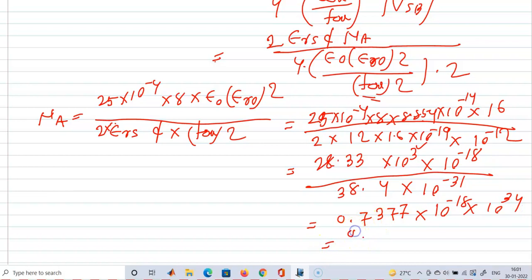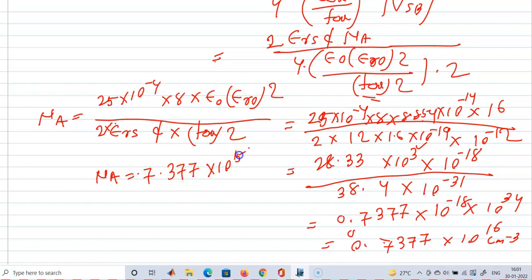So you get 0.7377 into 10 to the power 16 centimeter to the power minus 3. So ultimately you will get Na is equal to 7.377 into 10 to the power 15. So this is the answer.